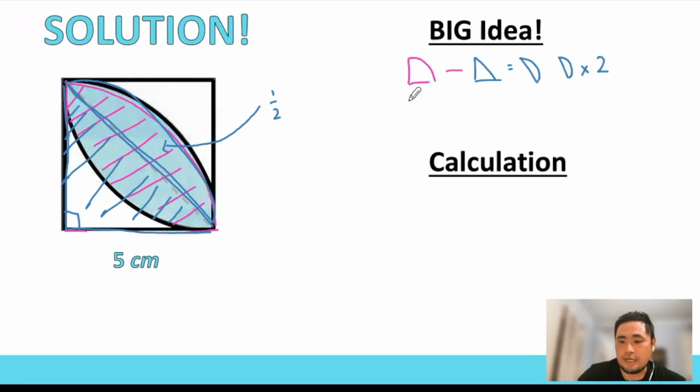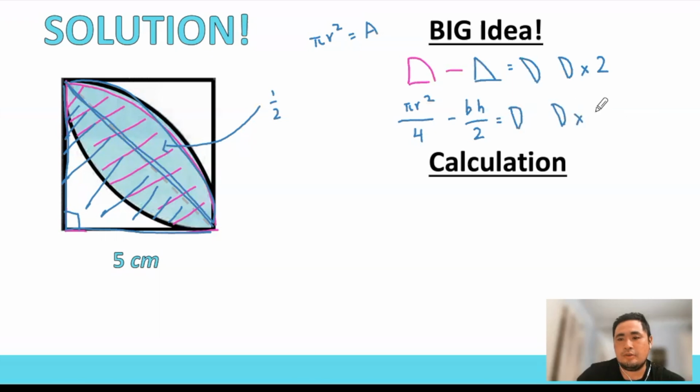So if you converted it as an equation, let's start off by writing the area of a circle, which is pi r squared is equal to A. So pi r squared divided by 4 minus the area of the triangle, which is the base times the height, divided by 2, equals the football shape. And then again, we can multiply the football by 2.